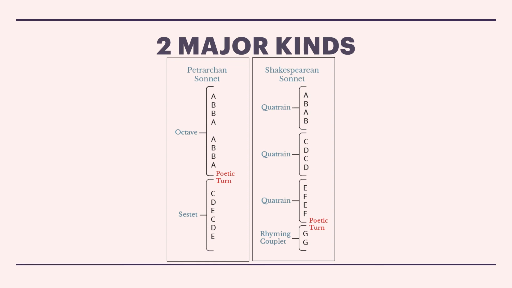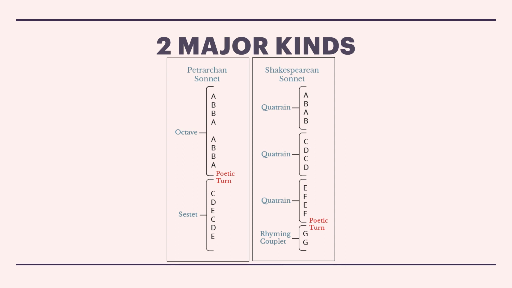Sometimes this is a real switch in emotions or in what the speaker is saying, or sometimes we can just see that final couplet as encapsulating the whole idea of the sonnet. But it will have a different structure. If you look at the punctuation of Petrarchan and Shakespearean sonnets, the Shakespearean sonnet really boils down to 4 sentences.